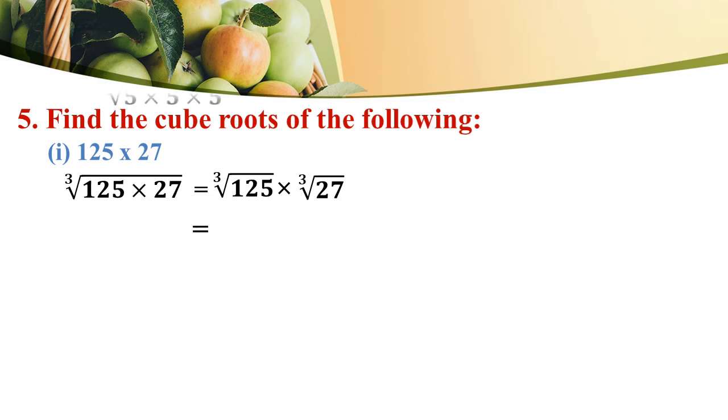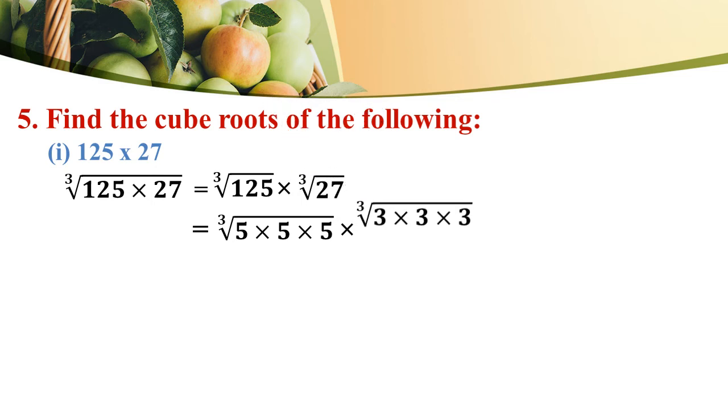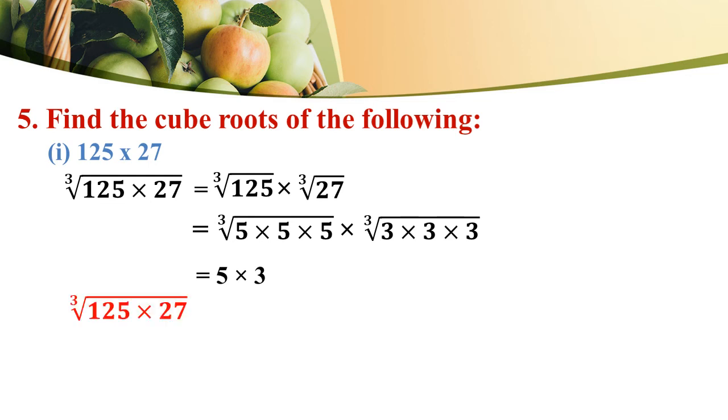So, cube root of 5 into 5 into 5, and the factors of 27 are 3 into 3 into 3, cube root of 3 into 3 into 3. Then mark groups of 3 with a similar factor. Then take one factor from each triplet. So 5 into 3. Cube root of 125 into 27 equals 15.